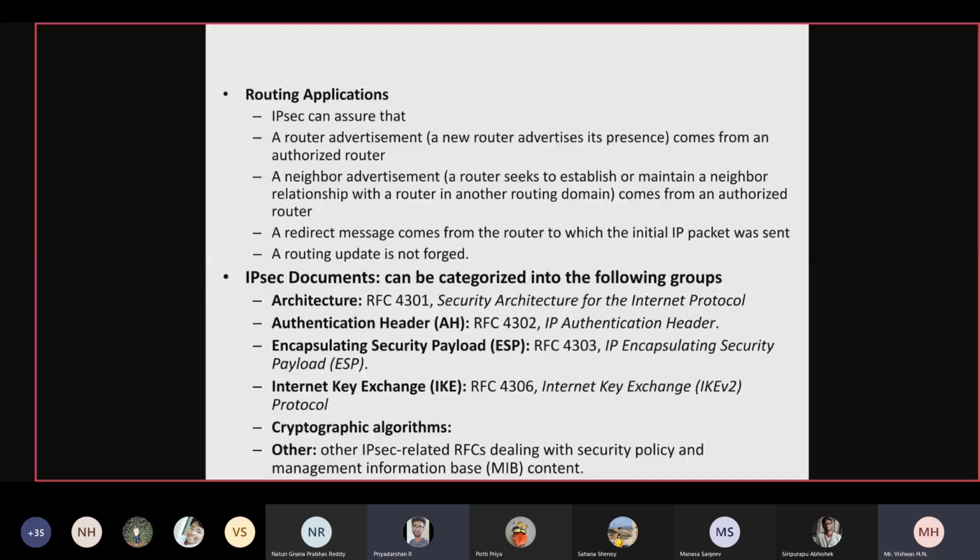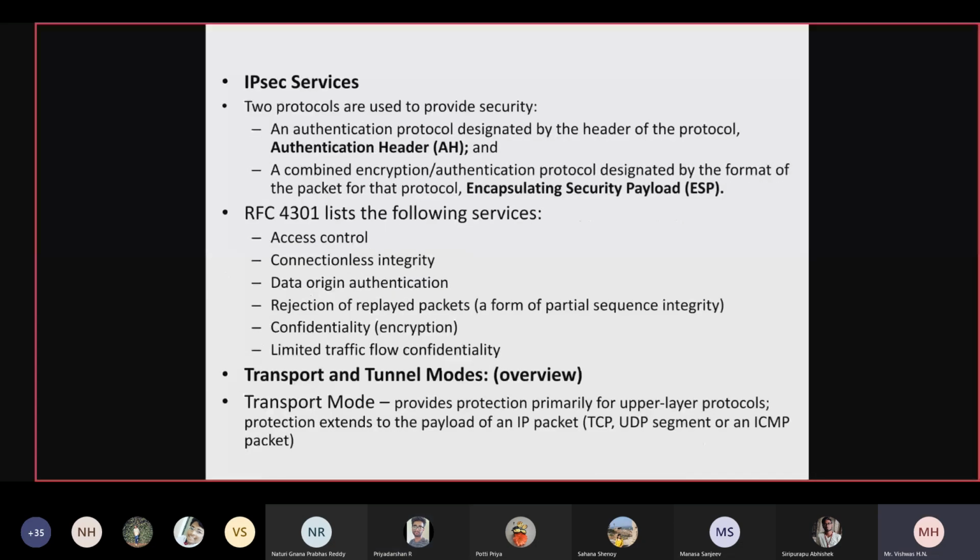Okay. So IPsec services: two protocols are used to provide security: an authentication protocol designated by the header of the protocol, Authentication Header, and a combined encryption authentication protocol designated by the format of the packet for the protocol, Encapsulating Security Payload. That's what I told you, students. Encapsulating Security Payload protocol provides confidentiality for the data which you are sending.